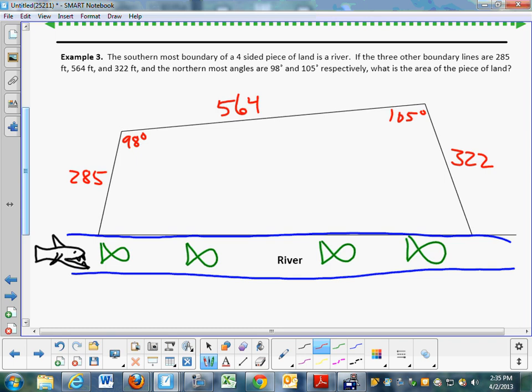If this is the piece of land, what shape is this, by the way? Okay, you all have to go back to geometry. Quadrilateral. It has four sides. There's nothing else interesting about it.